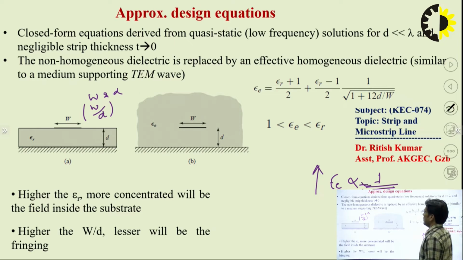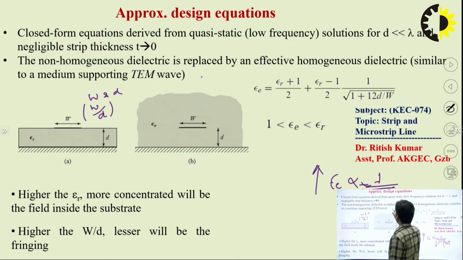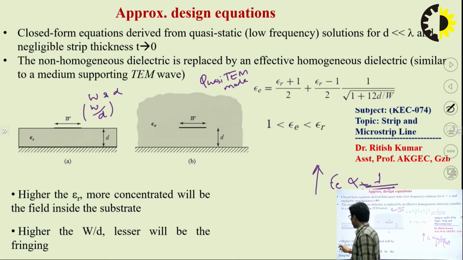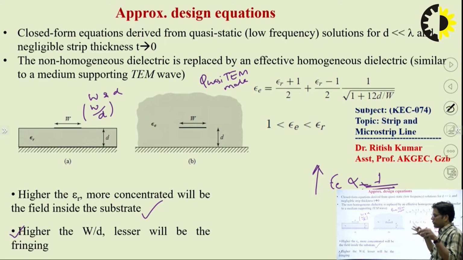As we already discussed, the microstrip line has the quasi TEM mode. Here I have mentioned 2 points. The first one: the higher the relative permittivity of the substrate, the more concentrated the field will be inside the substrate. As we discussed earlier, most of the field is confined in the dielectric media, similar to what we have seen in the capacitor.